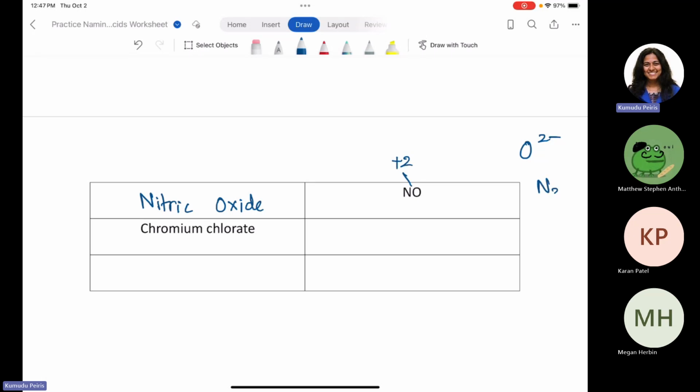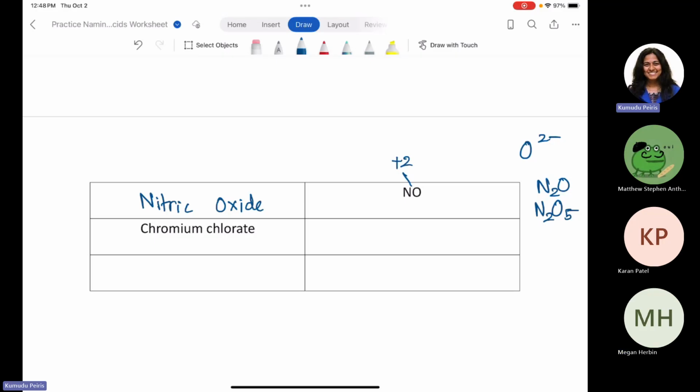Nitrous oxide is here. Dinitrogen pentoxide is over here. Nitrogen makes several types of oxides, so I just wanted to explain the other types of nitrogen oxides.